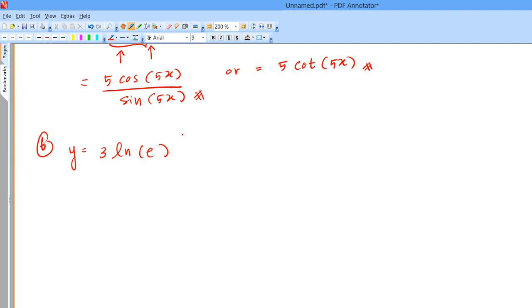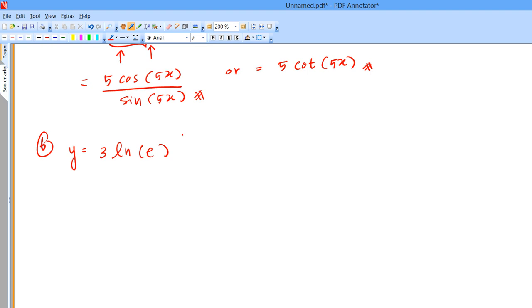Okay, we have coefficient equal to 3 and function equal to e. E power of 1 is actually a constant. So for number 6, actually 3 times ln e, all the term is a constant, differentiate constant equal to 0.